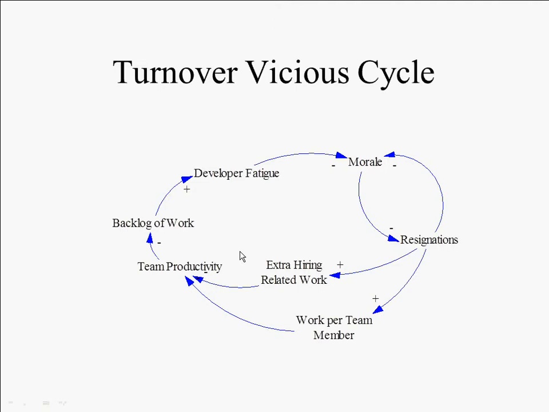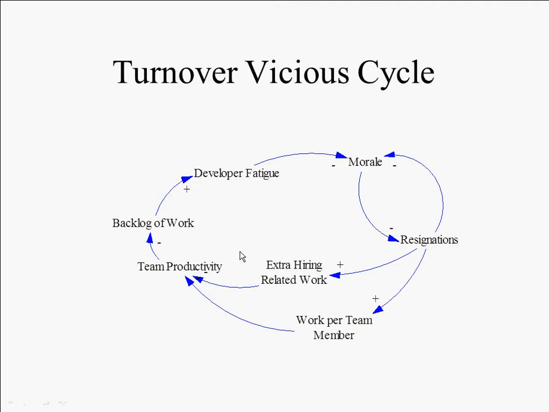So can anyone give me a narration of each of these loops? How about for this one here, morale and resignations? Can you give me a little story that might go along with that? So how would you describe how this loop operates? What is this loop telling you? And when they quit, what happens?